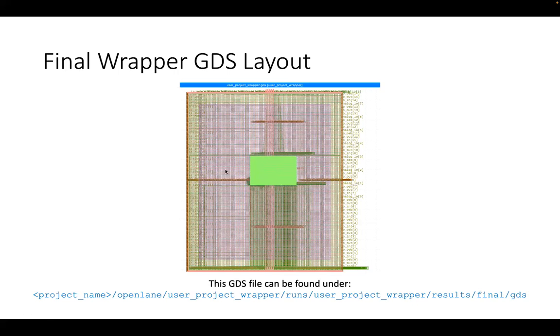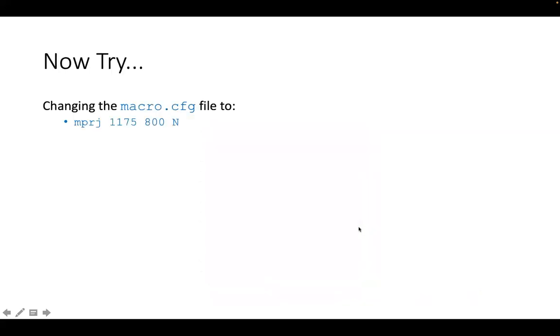So it's better to lower this macro a little bit to have a shorter wire length, and so have less delay, right? So after you harden your wrapper for the first time, try changing the macro.config file to the following parameters. Leave the X coordinate as is, and lower the Y coordinate a little bit.